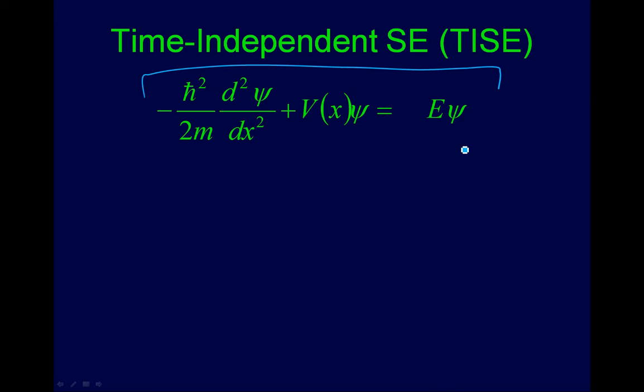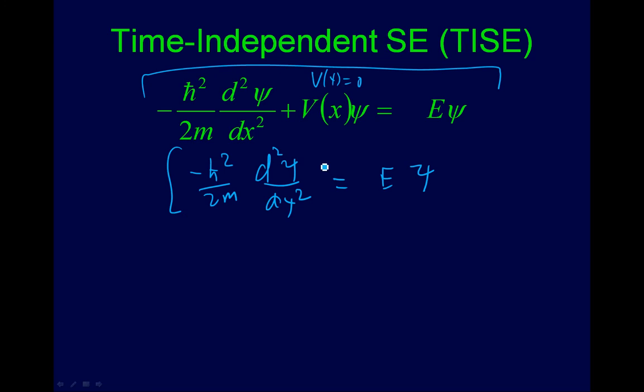And so we can take this equation and just look at it for the case when V(x) is equal to 0, which of course makes this much easier. And so we take our equation here, the second derivative with respect to x equals here. And now it just makes life easier to make this a little cleaner.